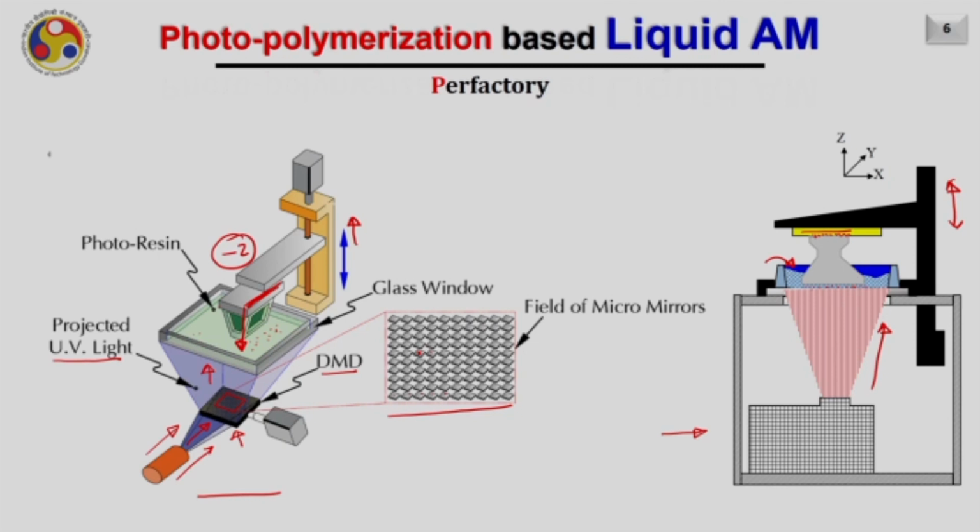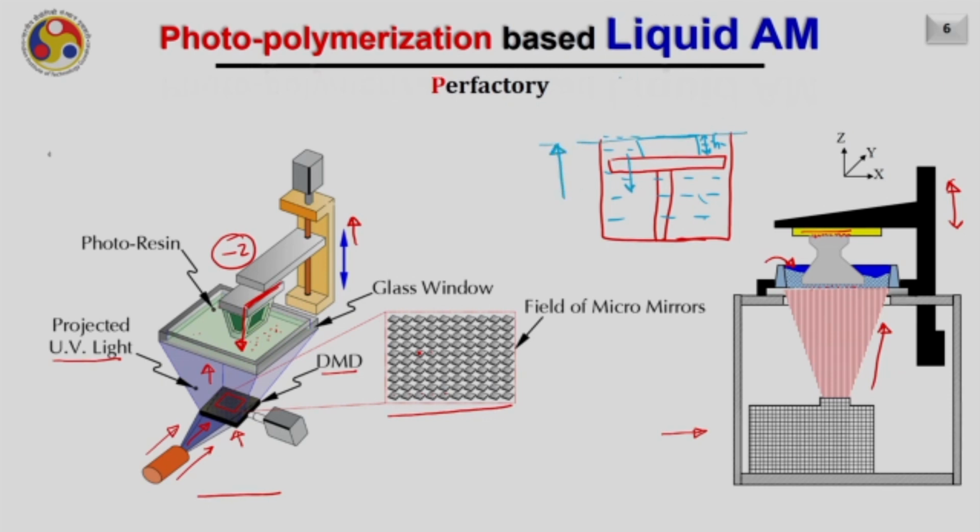In the case of the SLA process, if you recall, we used to have a big tank of liquid photopolymer, and we have the part here. Even if you want to build a part of a very small length or height, not really very big, your liquid tank has to be filled completely, because for the recoating operation, it has to go down and then come up at this location only.